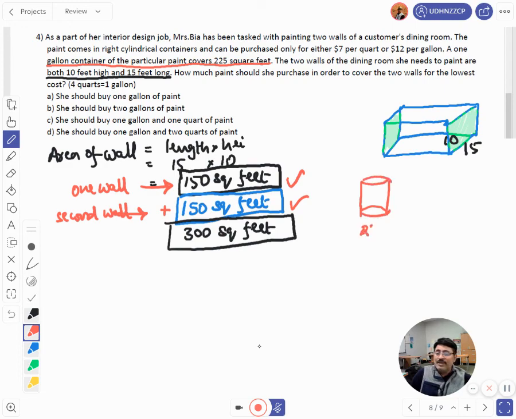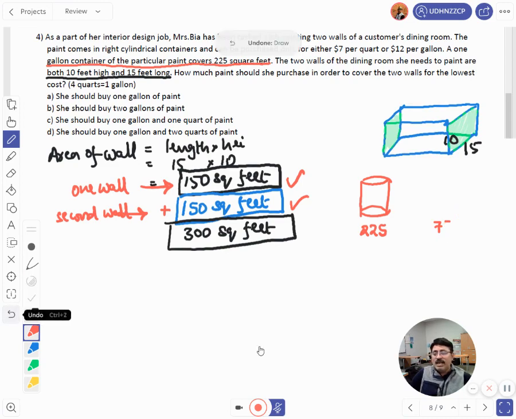Because this one can cover only 225 square feet. How much paint should be purchased? Seven dollars per quart. Okay, 225. We need more than 225. That means 75 is the shortage.